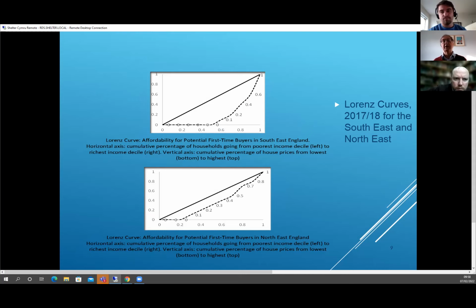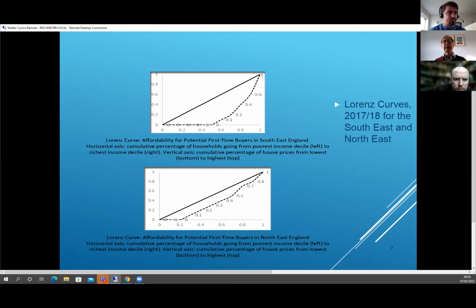The dotted line, however, is what we actually experience in practice. So the gap between those two lines tells us about the degree of inequality in housing conditions across the distribution. The wider the gap, the more unequal, or the more difficult it is for households, first-time buyers in this case, to afford housing.